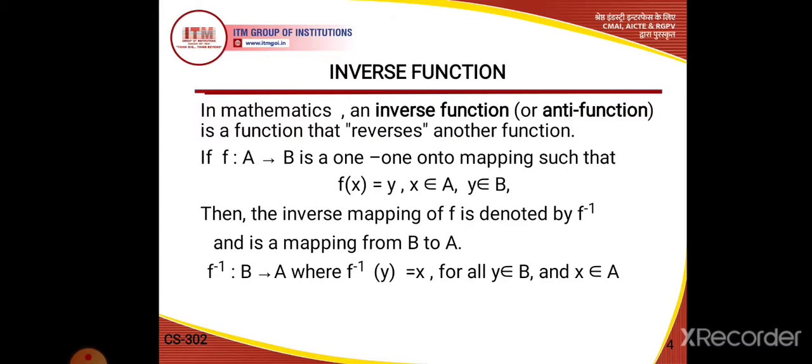If f from A to B is a 1-1 onto mapping, such that f(x) = y for x belongs to A and y belongs to B. Here f is a function from A to B and f is also 1-1 and onto mapping.